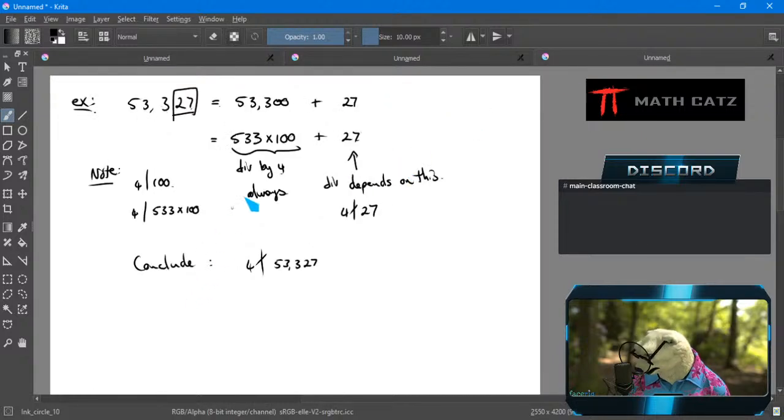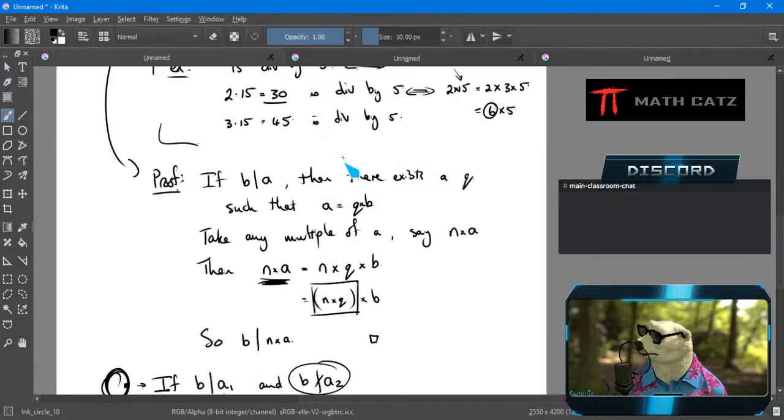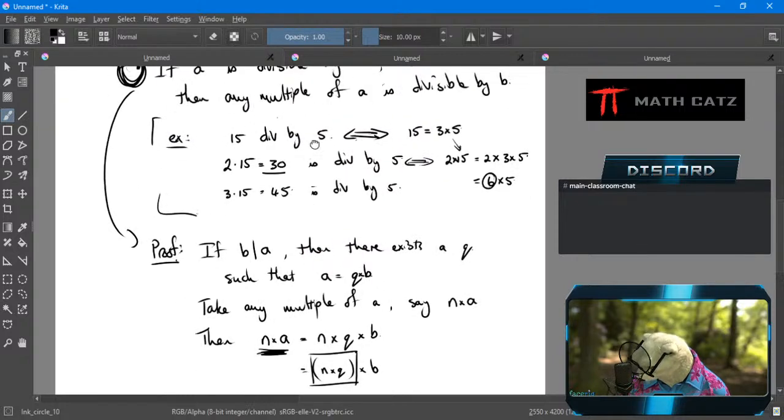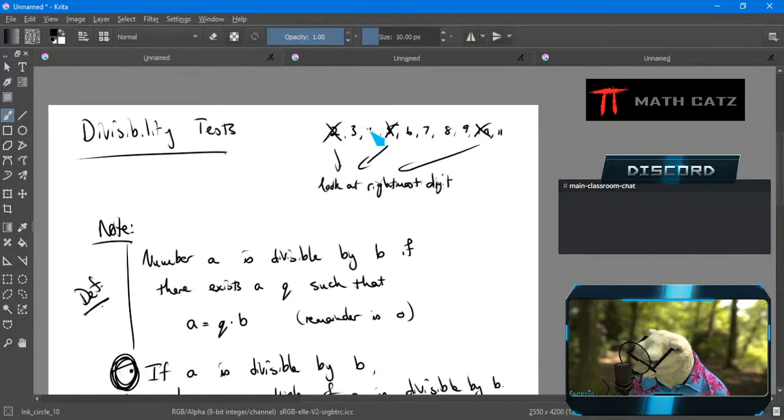Alrighty. So that is 4. Let's go cross it out. I want to have a sense of why the test for 4 is what it is, whether I can reproduce that whole explanation, or whether I can just do it by an example.